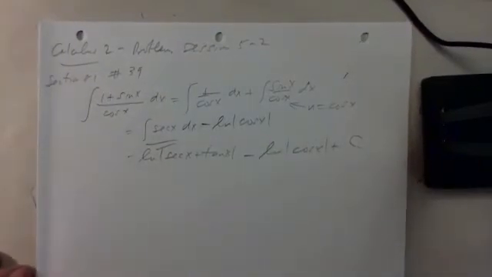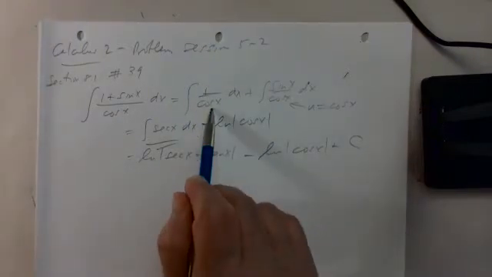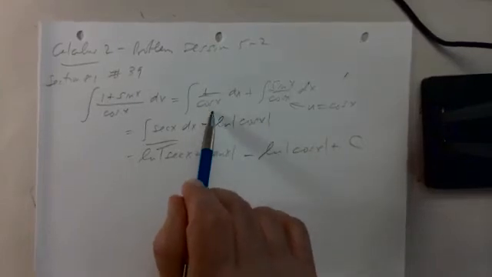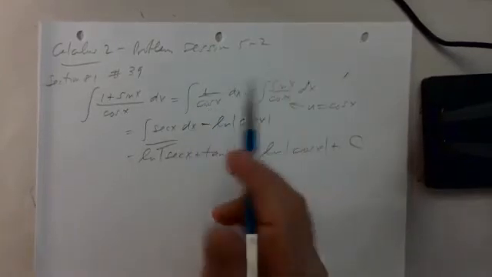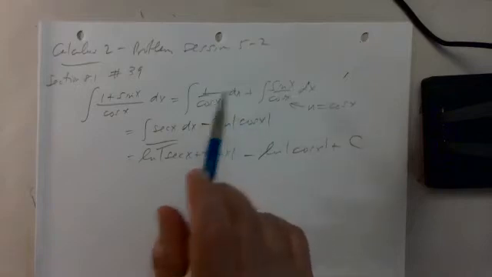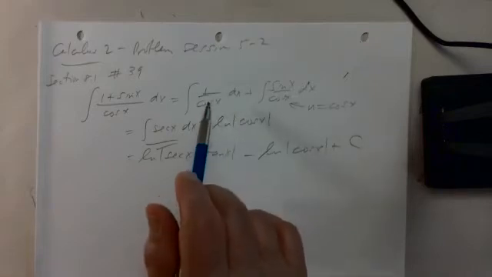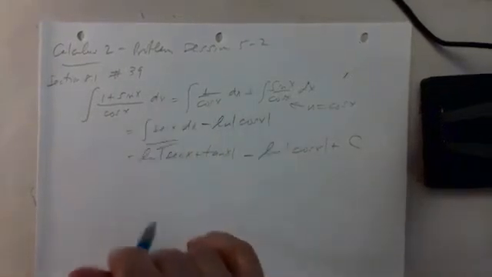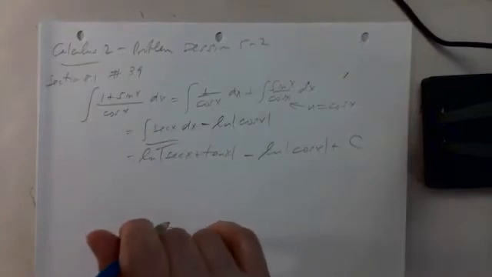Okay, I see. So the integral of 1 over the cosine of x is not the log of the cosine. Because when you differentiate log of cosine, you get 1 over cosine times the derivative of the cosine, which is minus the sine.